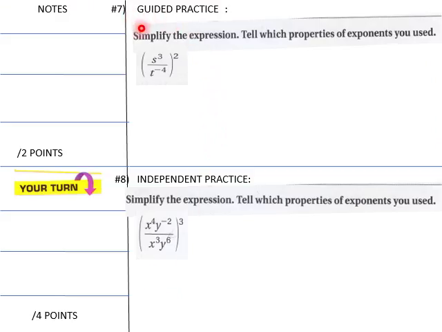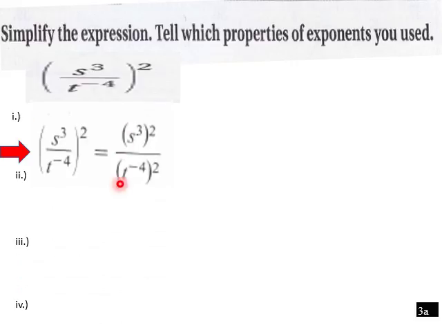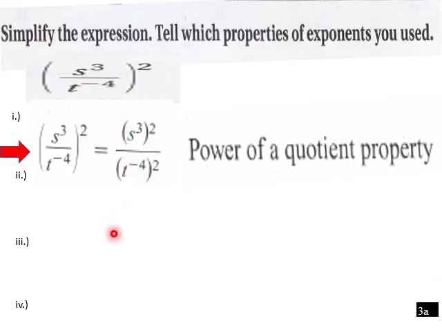Now let's go into our guided practice here. Simplify this expression. And then students, this is yours down here. Pay attention so you can get a clue on how to do yours. Independent practice. So moving into our guided practice, we have a power out here, so we're going to square both of these terms in our numerator and denominator.